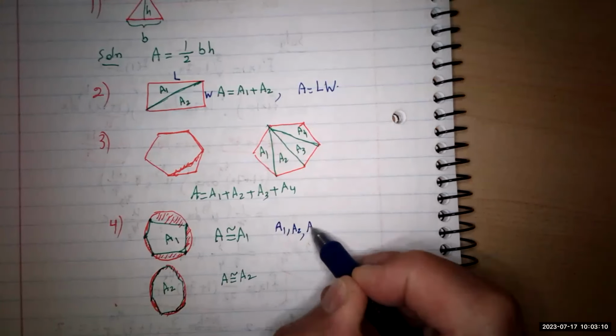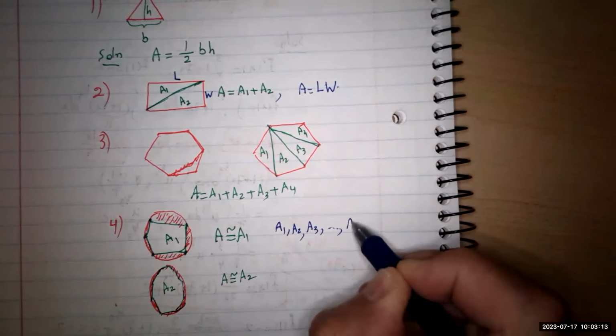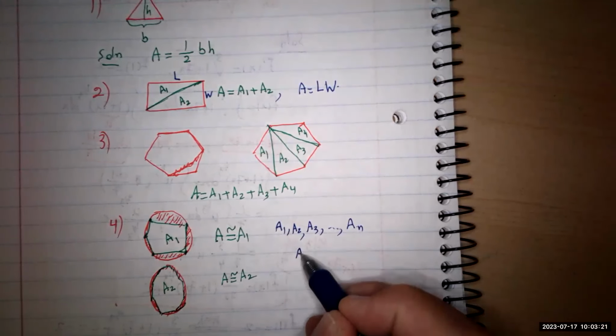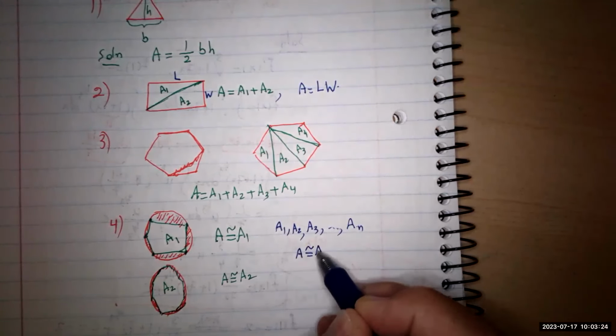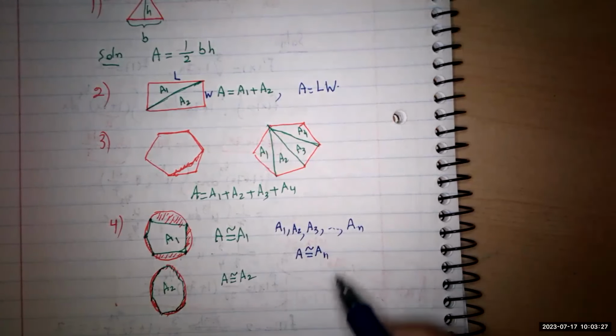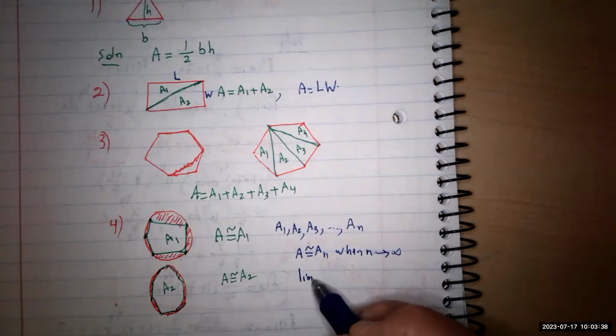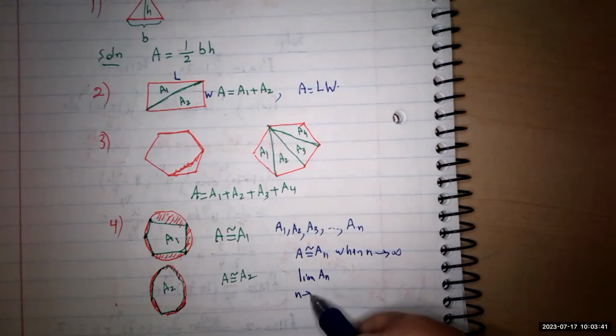If you increase the partition, you get A3, and you can go on forever. Forever means that as you move on, your area is going to be closer and closer to the A that you are interested in. It's going to be very close if n is very big. Very big means n is going to infinity. In the language of calculus, this means the limit of An when n goes to infinity is equal to A.